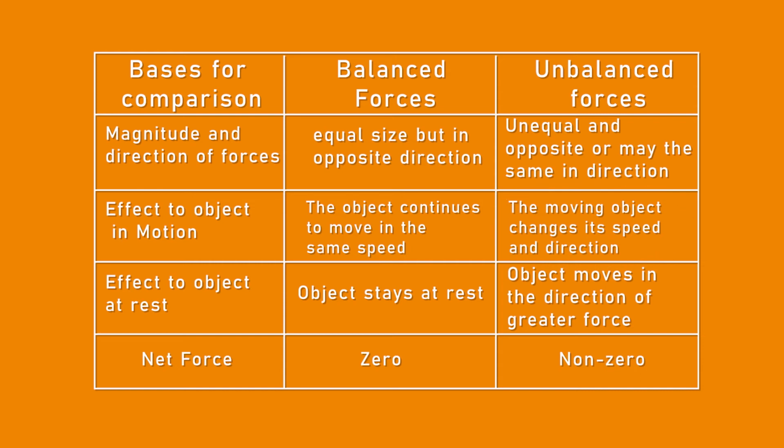If balanced forces are applied to an object at rest, that object stays at rest. If unbalanced forces are applied to an object at rest, the object will move in the direction of the greater force. For the net force, balanced forces have zero net force, while unbalanced forces have non-zero net force.